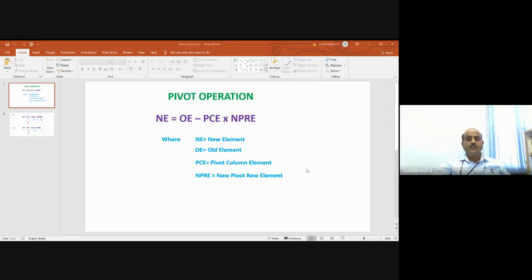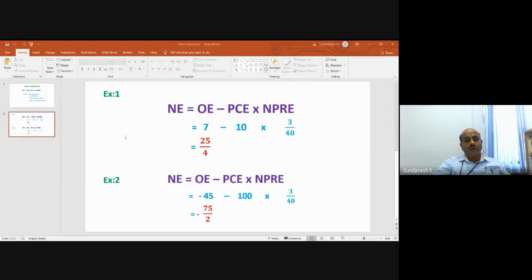Got it? So now I will explain using this formula how we have got this 25 by 4. Please look at here. The next slide shows the new element we have to calculate. For the first element of the x5 variable, the old element I have substituted as 7.